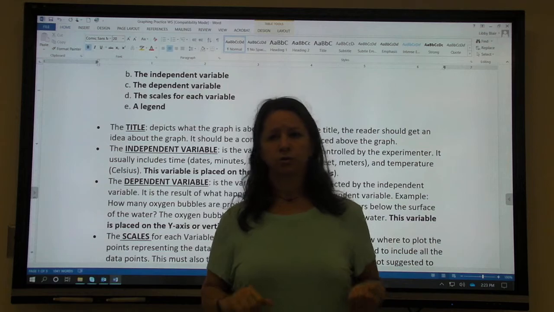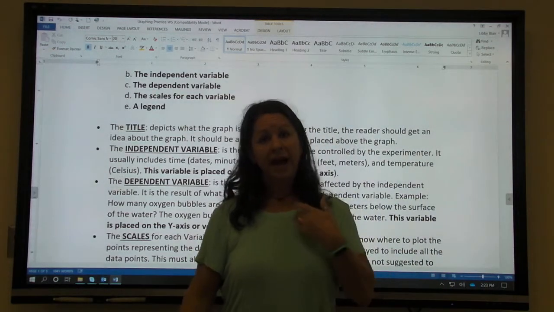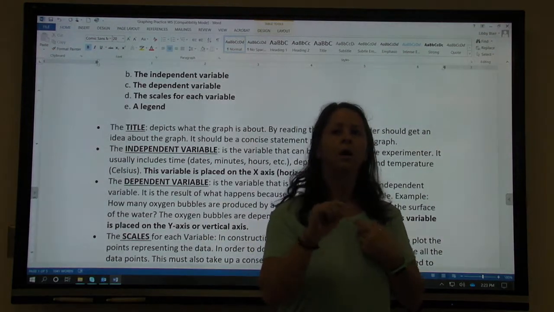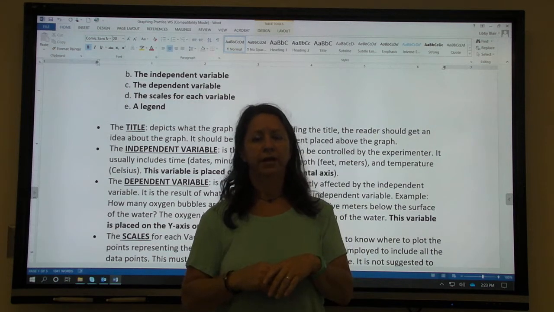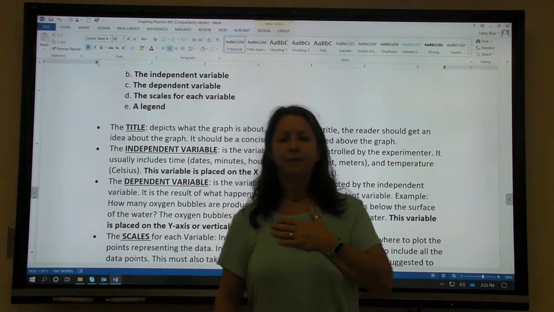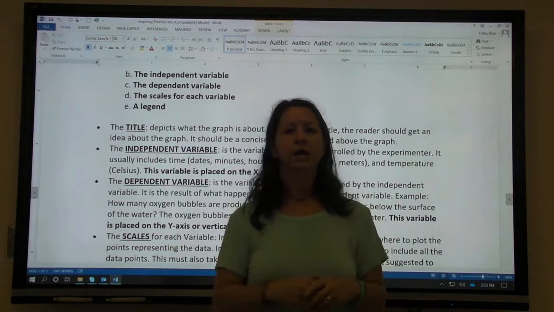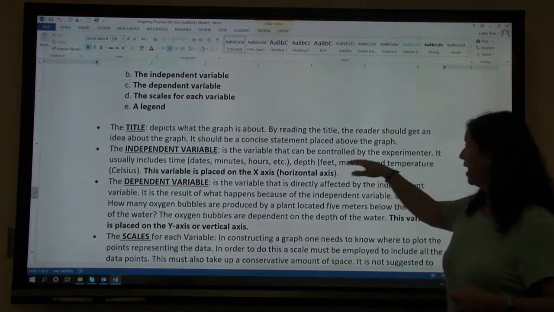The plant controls that. The soil, the nutrients, things like that. But I can decide how often I'm measuring the plant. That's what I'm controlling. I'm controlling that I'm going to measure the height every week. All right? So that's what I'm controlling.